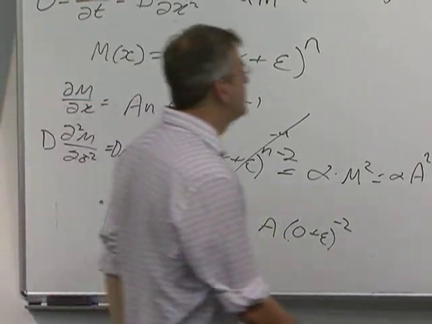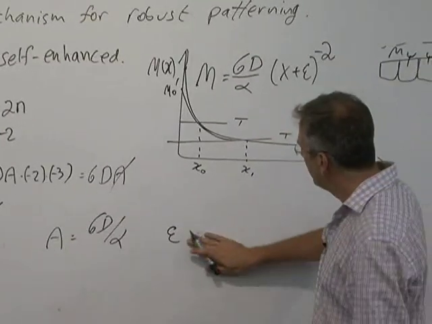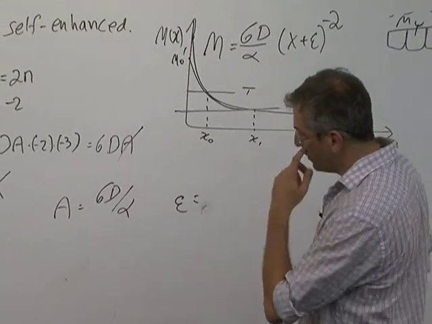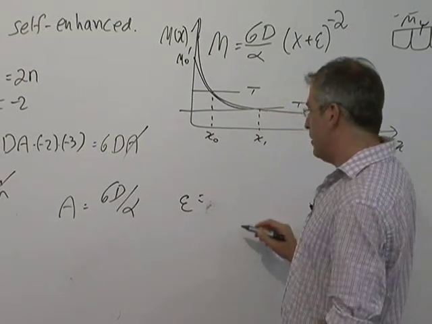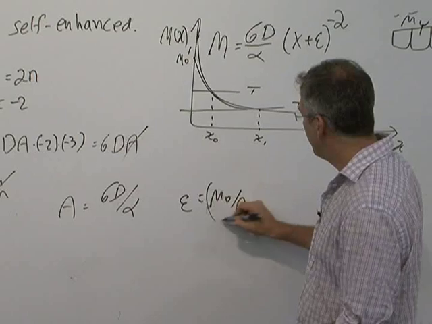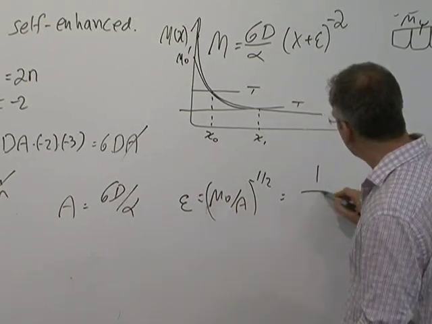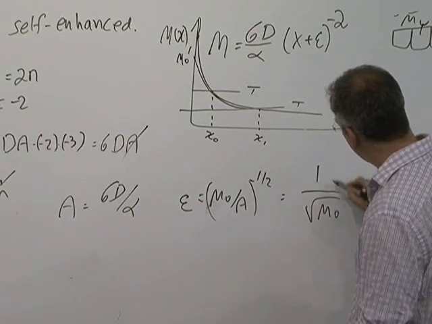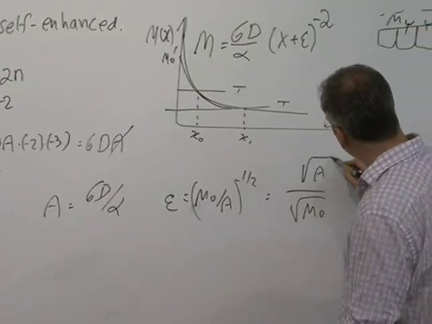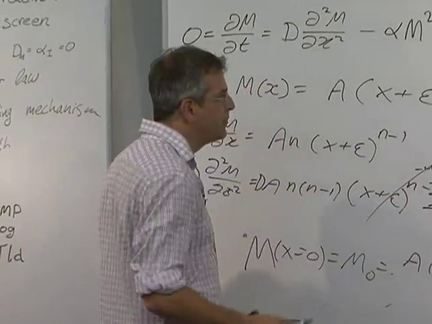So epsilon equals m0 divided by A to the power minus 1/2, or 1 over square root m0. Okay, so we solved the form of this graph.